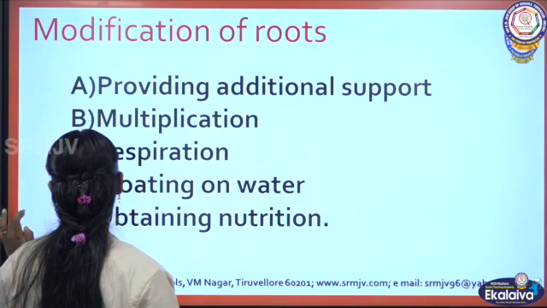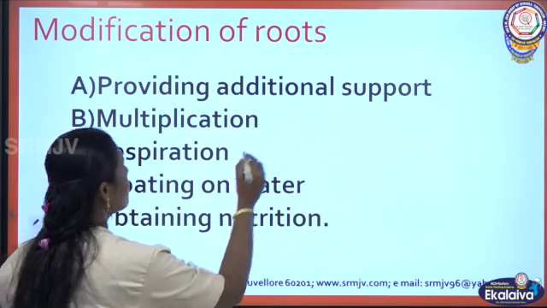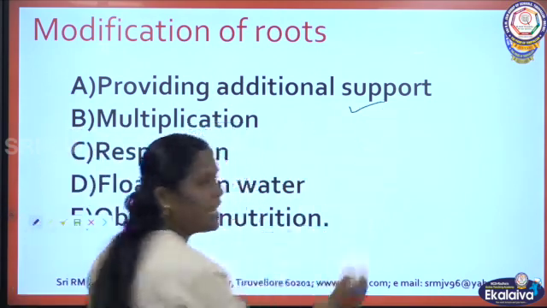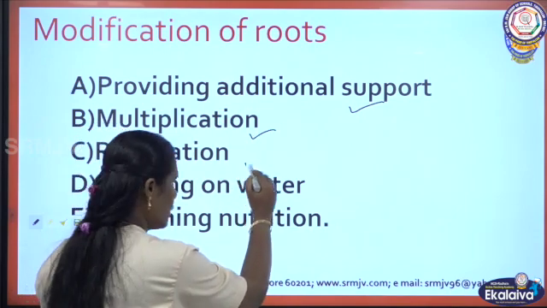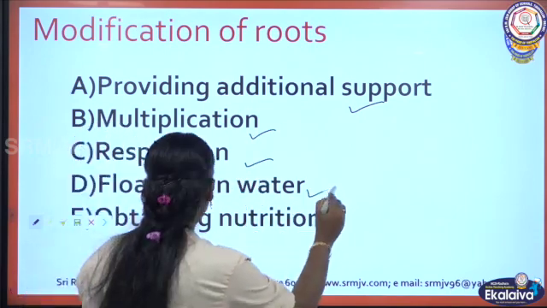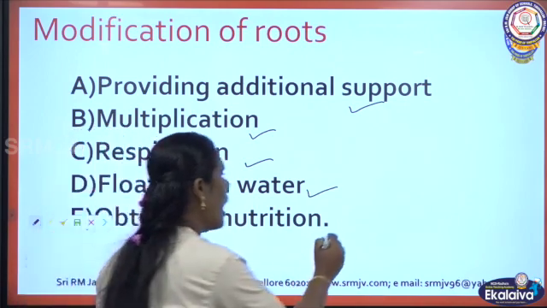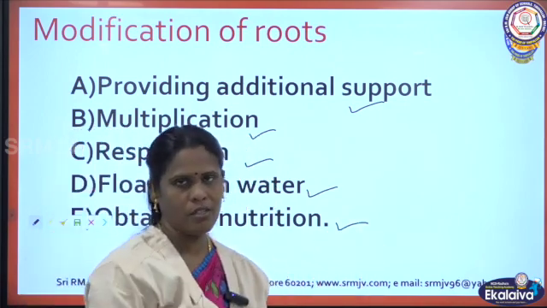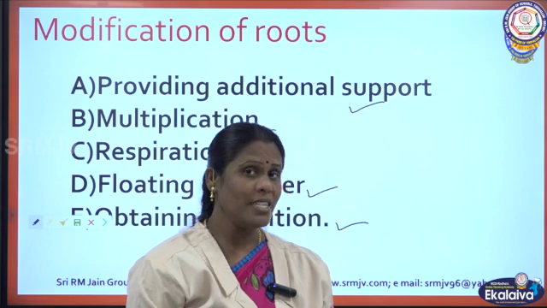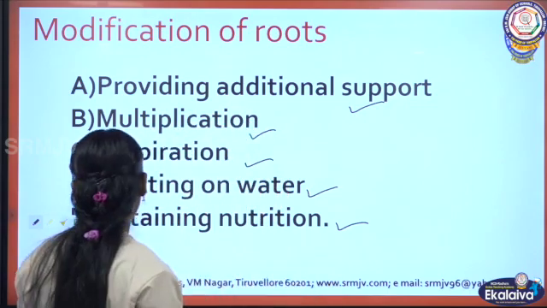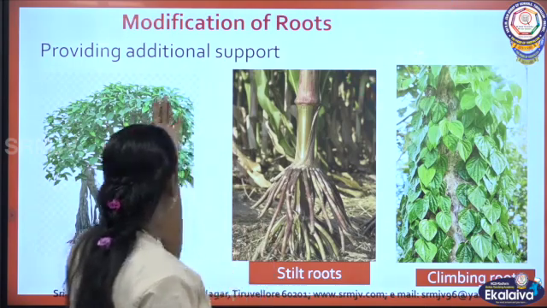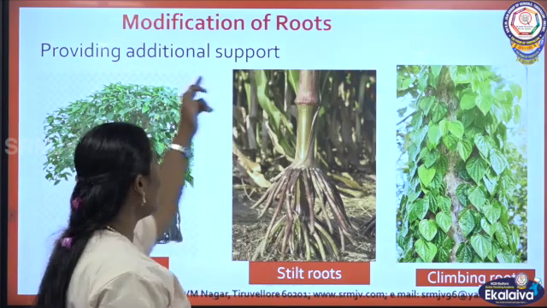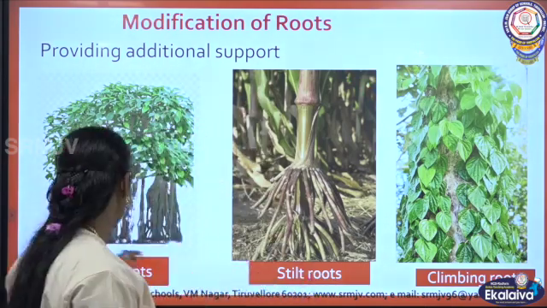Number 1, providing additional support, multiplication, respiration, floating on water, and obtaining nutrition. Now, let us see one by one. What modifications take place? You see, first one, providing additional support.